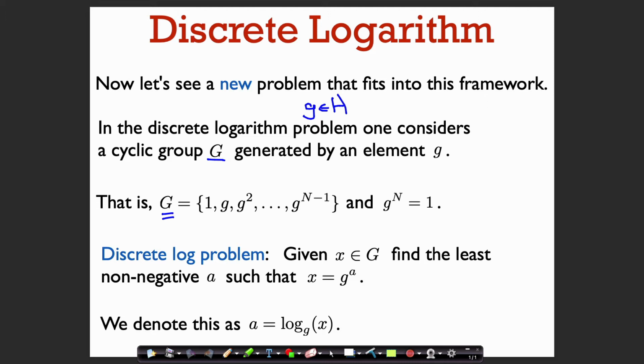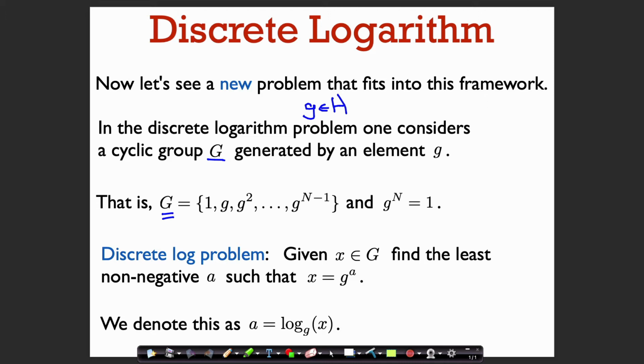Okay, so in the discrete logarithm problem, we're given some x, which is in G, so it is some power of little g. And the question is to find the least non-negative a such that x is equal to g to the a. Okay, so we know that x is some power of g. We want to find out which power.